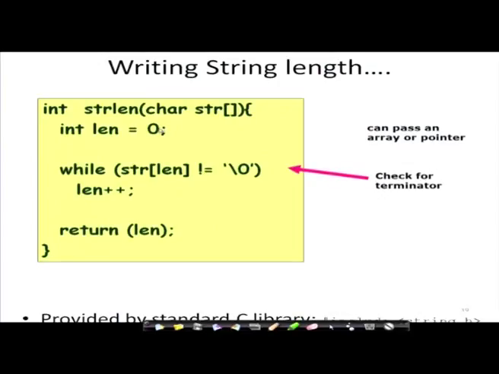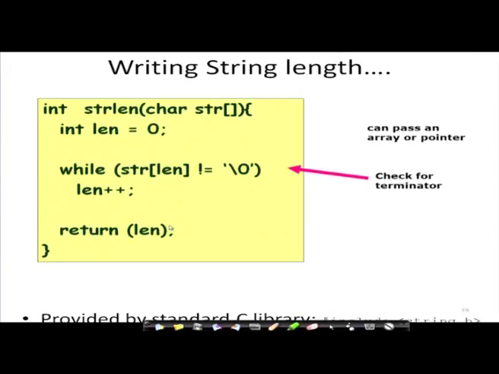What is being done? Len, some variable, has been set to 0 and then, while str, which is of course an array of characters, is not equal to backslash 0, that means not the end of the string, I keep on incrementing this len. Len was 0, len becomes 1 and so on, and then we return len. After I complete it, I return len.